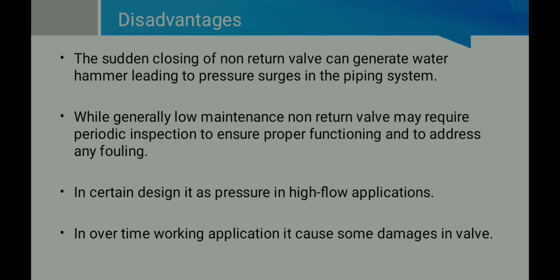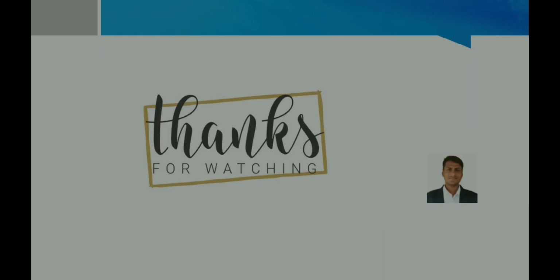And the final summary: non-return valves are an essential component in a piping system to maintain unidirectional flow and prevent backflow. Their advantages include a simple design, low pressure drop, and versatility, while they have potential disadvantages too, including the risk of water hammer, maintenance considerations, and pressure drop in certain applications.